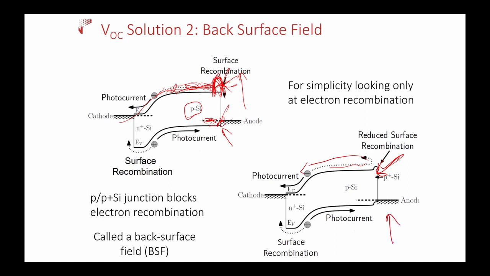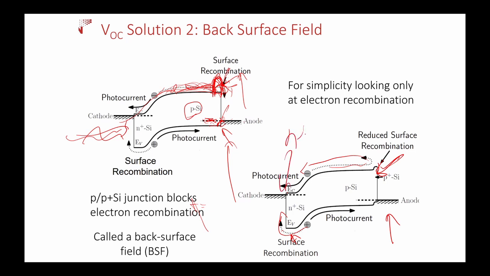Another thing is this p plus junction, which is known as the back surface field. This is the front surface, where light is coming in from this direction, and this is the back surface. There is one more thing we can do at the front surface, to reduce the recombination of these holes: we can make it a bit more n plus.